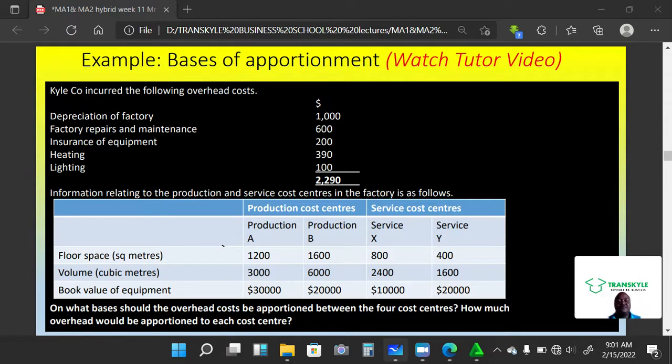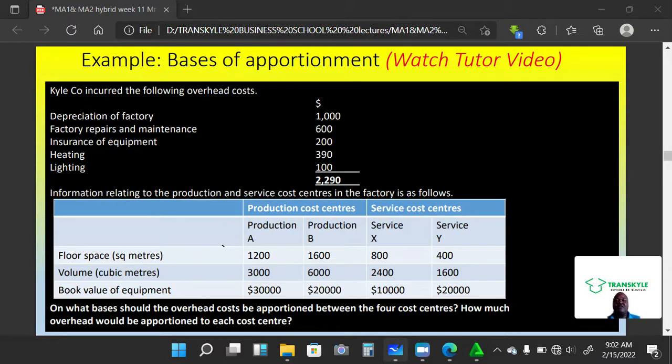Okay, ladies and gentlemen, we are having this question. Calco incurred the following overhead costs. It's an example on the basis of apportionment. Like I said, we need to have a fair basis of apportioning these overheads.